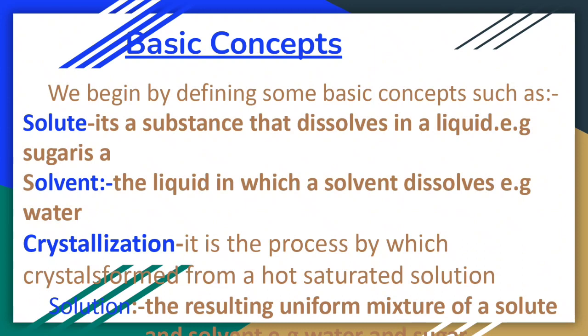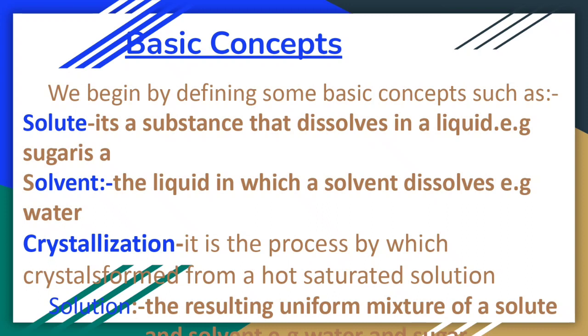A solute is a substance that dissolves in a liquid. A very good example of a solute is sugar. Sugar can dissolve in water very well, and therefore it is an example of a solute, a substance that can dissolve in a liquid.